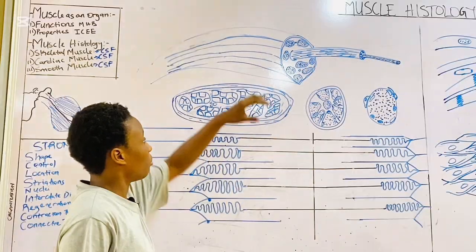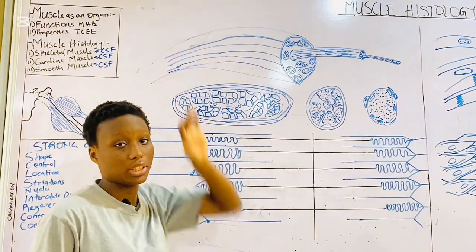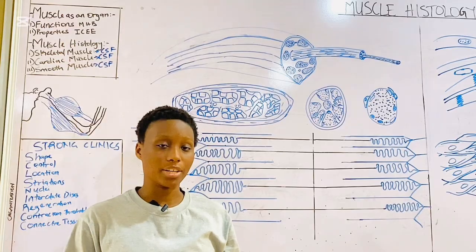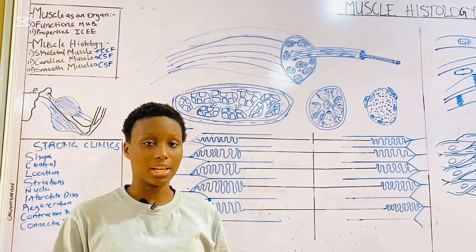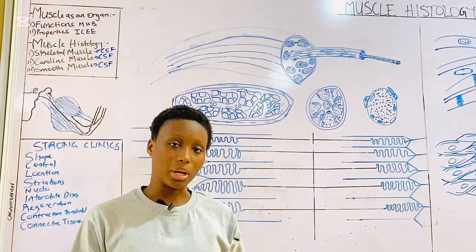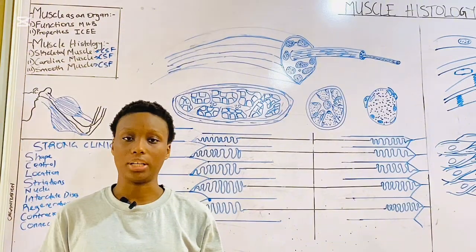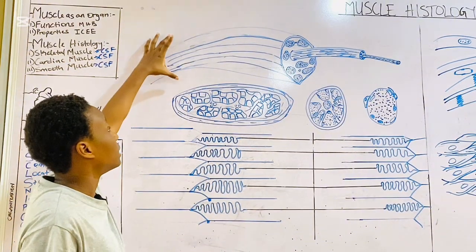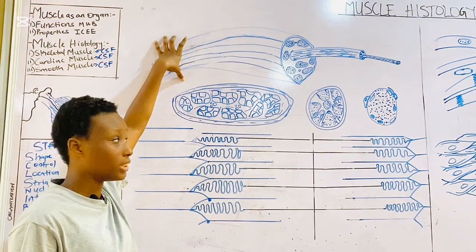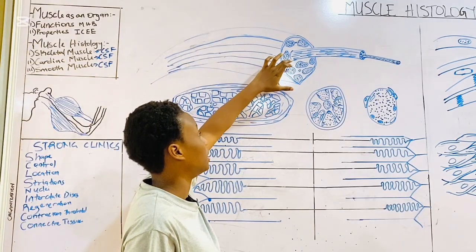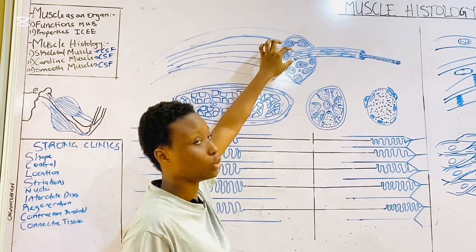The structure above me is actually a diagram or a sketch of skeletal muscle. Remember, muscle is an organ. This skeletal muscle as an organ is actually made up of different bundles.